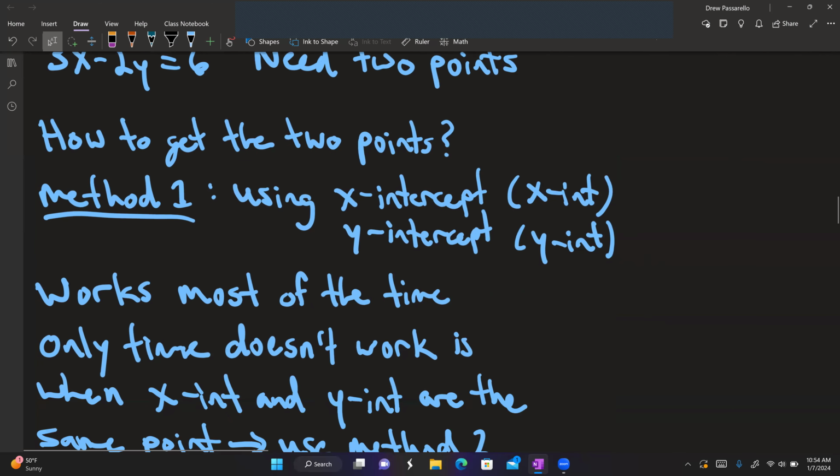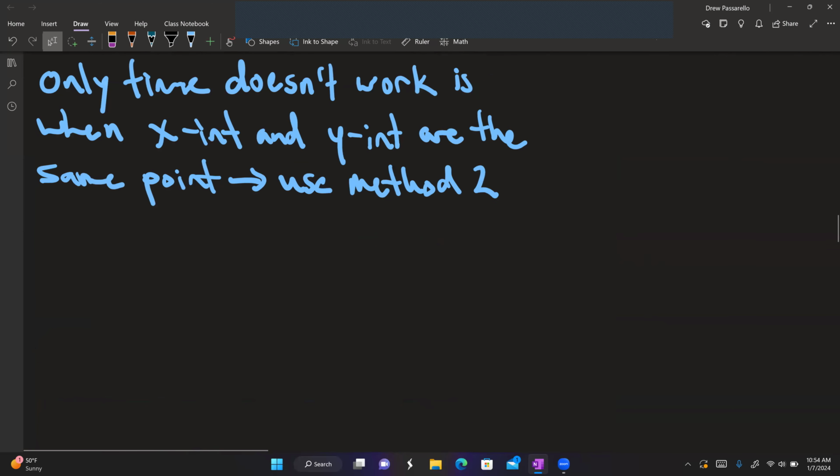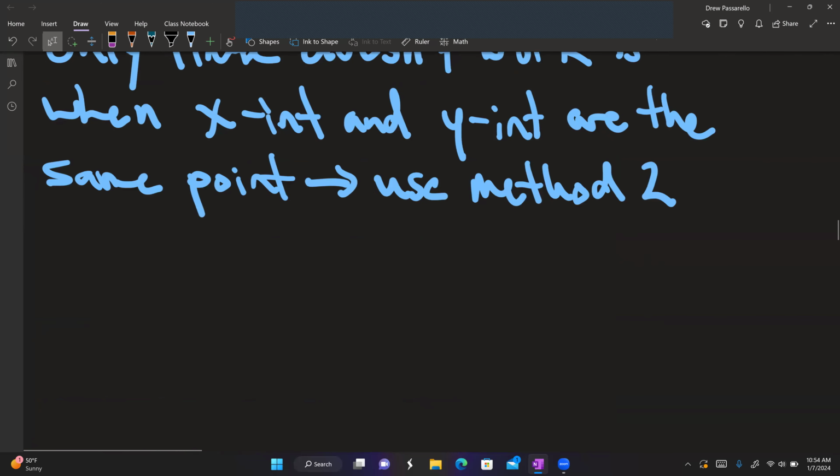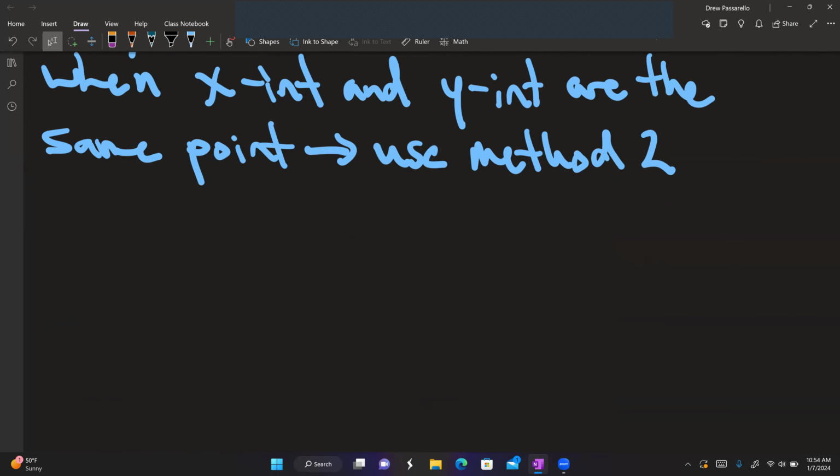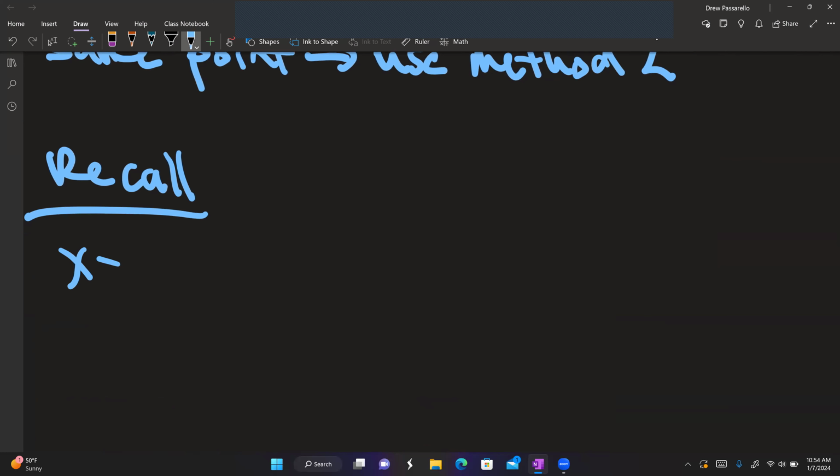Let me first talk about x-intercept and y-intercept before I do the problem. We've already talked about it before, so I'm going to say recall. For x-intercept, it's a point on the x-axis.